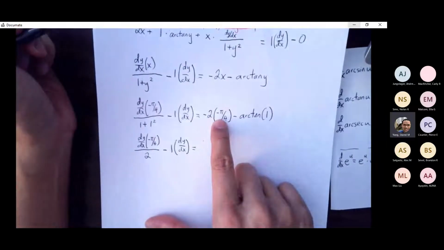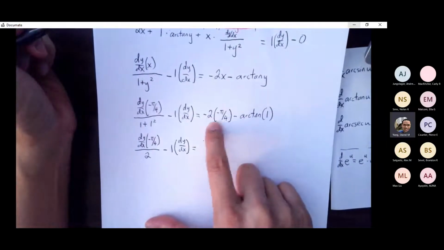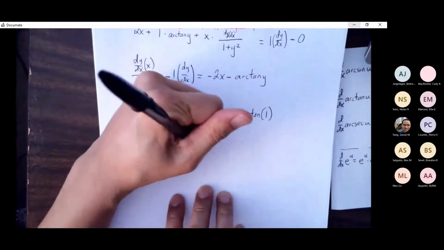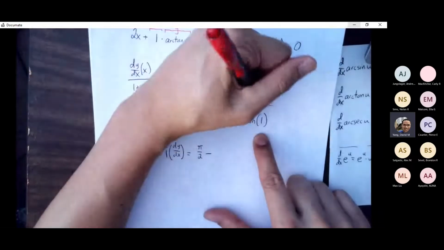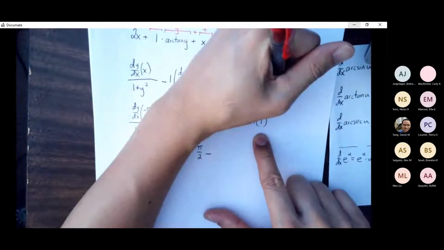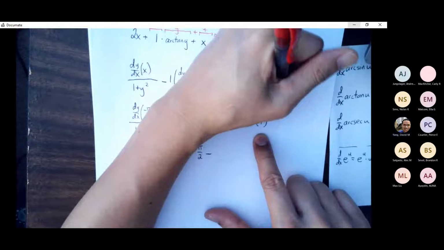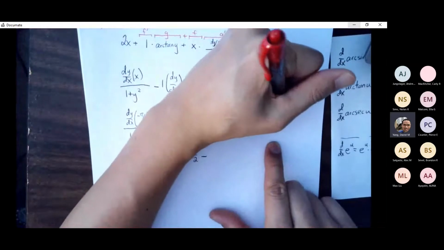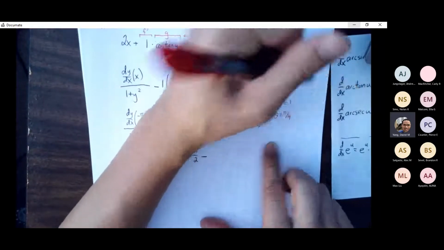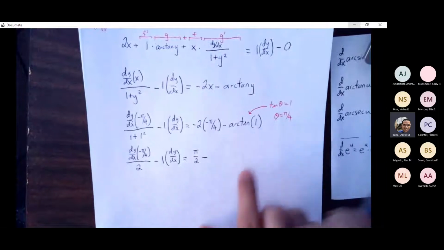Okay, so negative 2 times negative pi over 4 becomes 2 pi over 4, which is pi over 2. And arctangent of 1, this is basically saying, what theta value allows tangent to be 1. Okay, and we know that tangent is equal to 1 at pi over 4, so we can replace this with pi over 4.